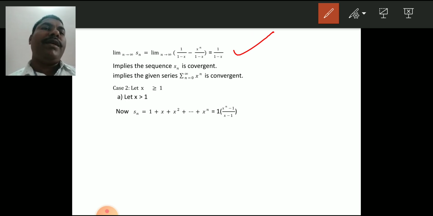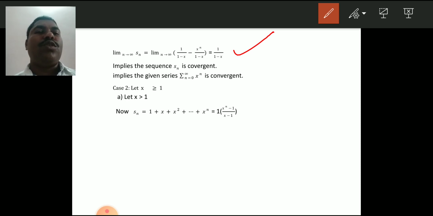So limit of x raised to n as n tends to infinity is equal to 0 if x is less than 1. Therefore we get 1 by 1 minus x. That means the sequence Sn is convergent. So that implies the given series summation n equal to 0 to infinity x raised to n is convergent.